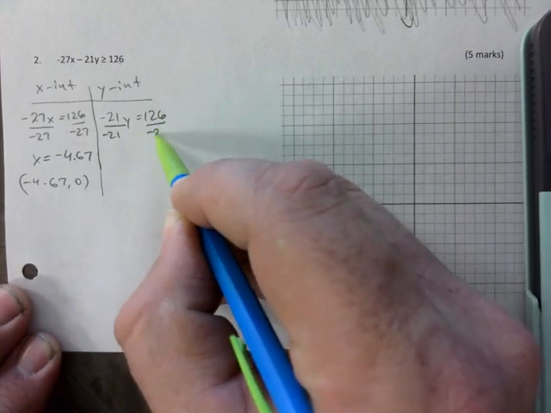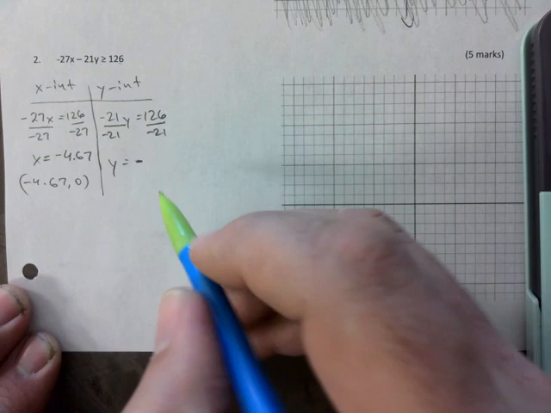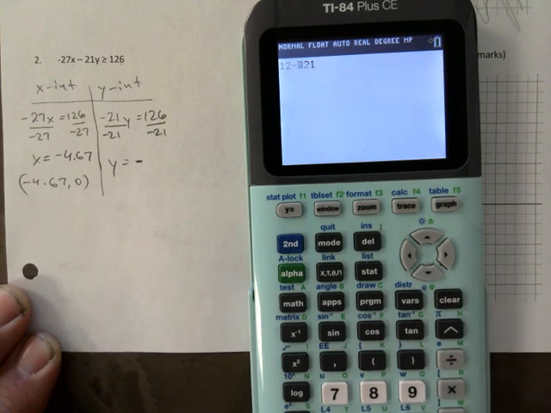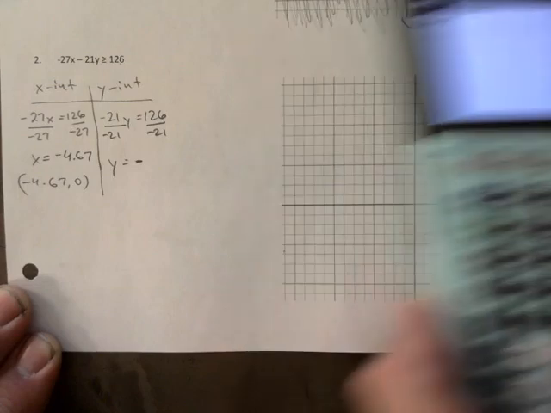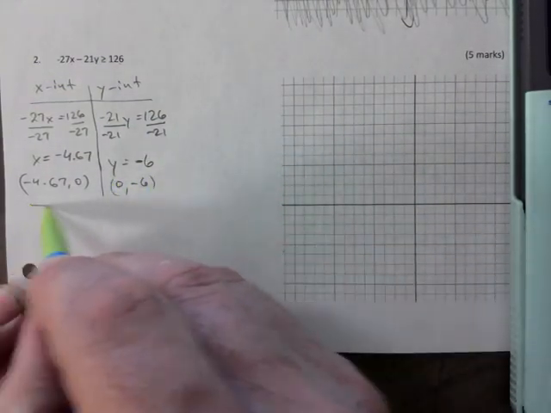Divide both sides by negative 21. Y is equal to negative 6 exactly, right? Oops, what did I do? Yeah, it's negative 6. So 0, negative 6 for that.